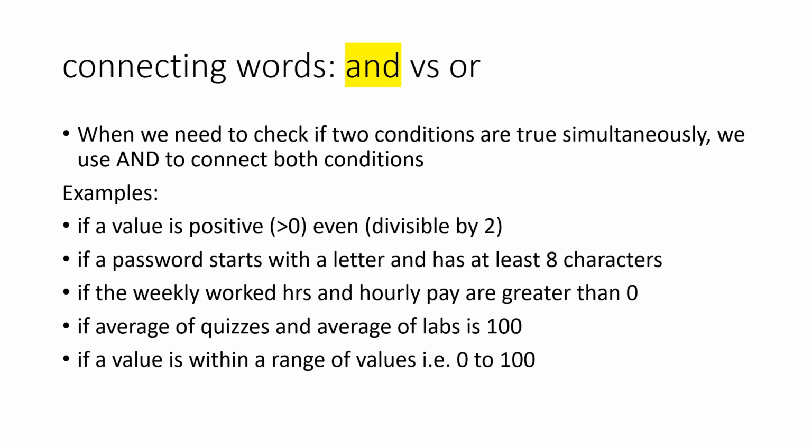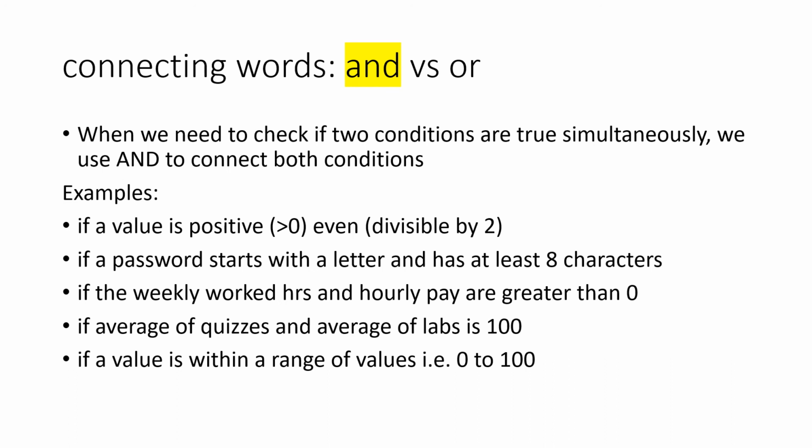Third example, if the weekly worked hours and the hourly pay are both greater than 0. So let's say that you have a program that calculates the weekly pay for the user, and the user needs to type in the number of hours that he or she worked and the pay rate that that person gets per hour.